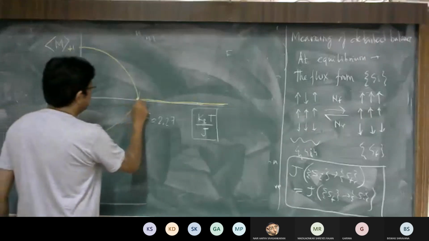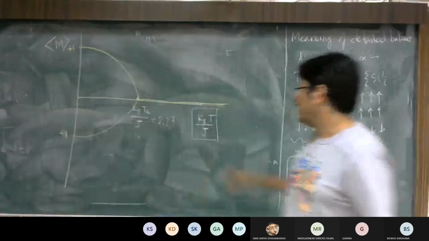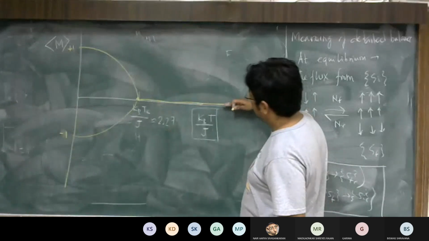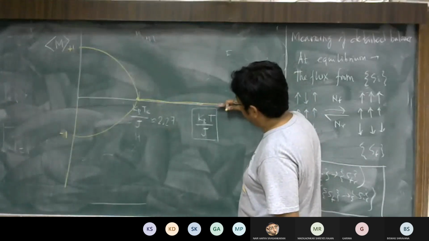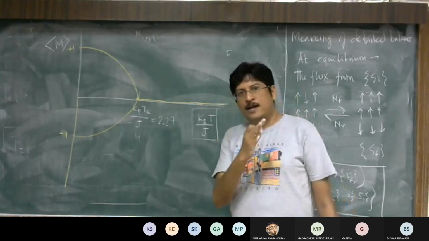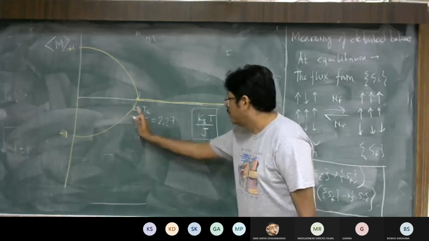This is as far as the exact result that I discussed, the exact result by Onsager. So if you had done the problem exactly, at infinite system size, this is the behavior you would observe.